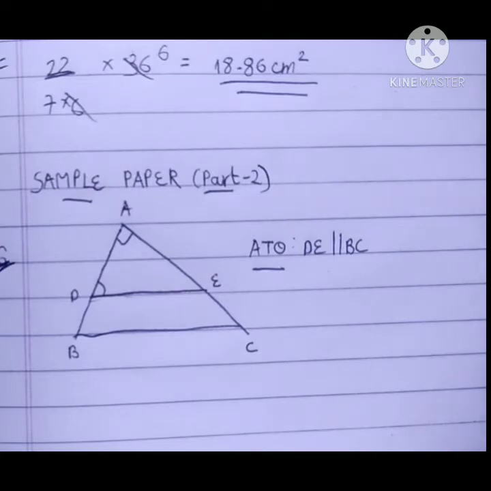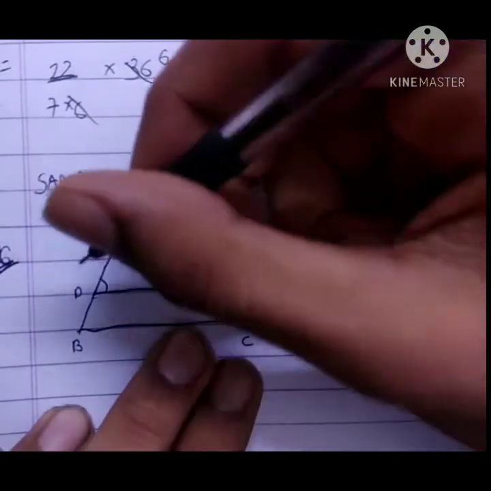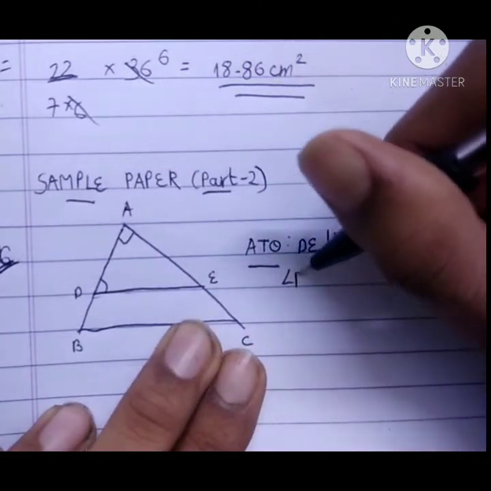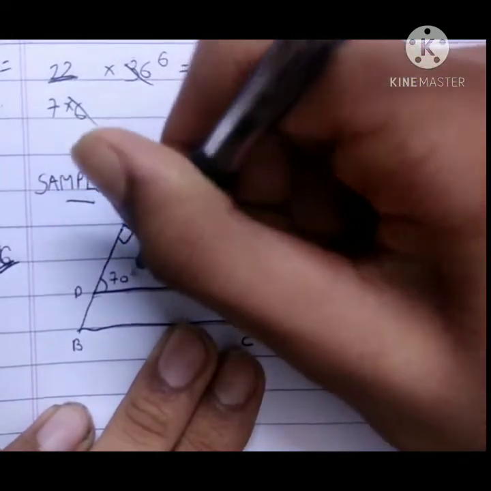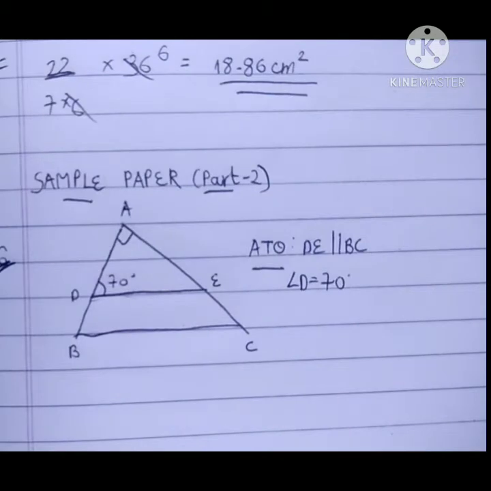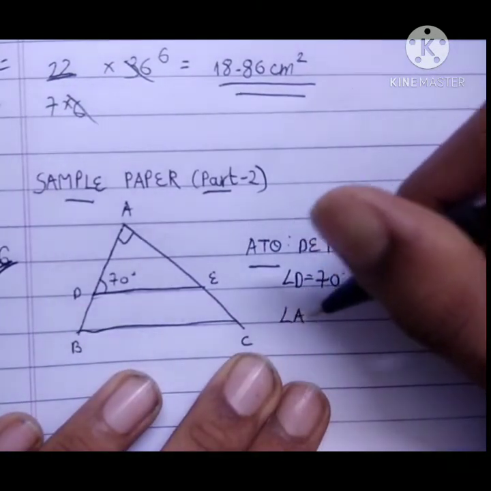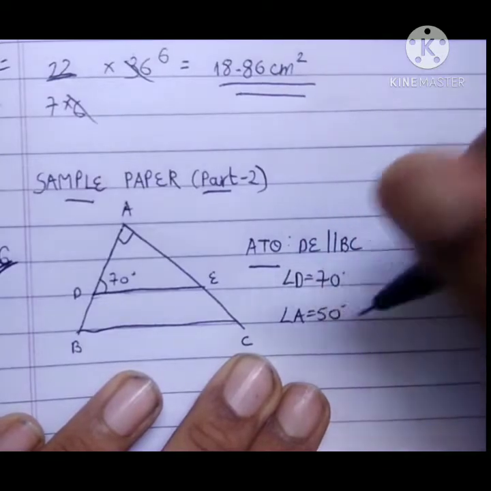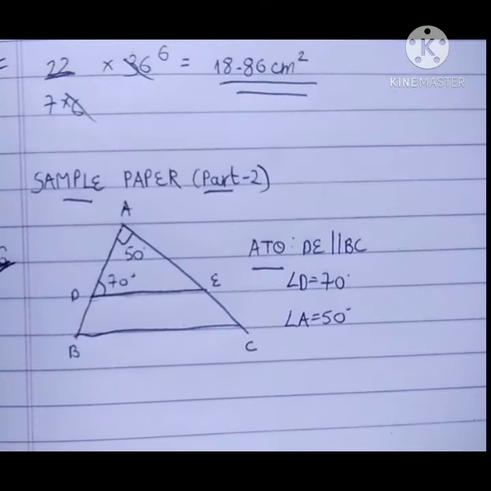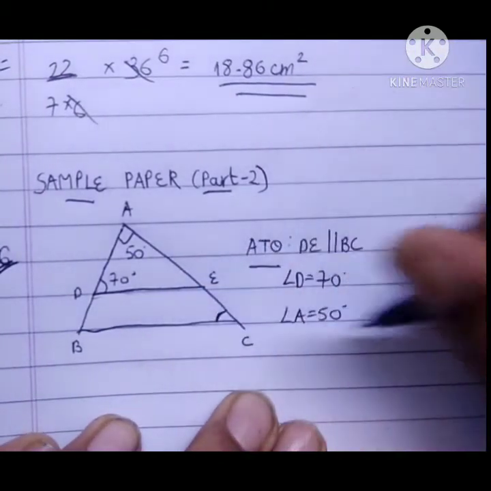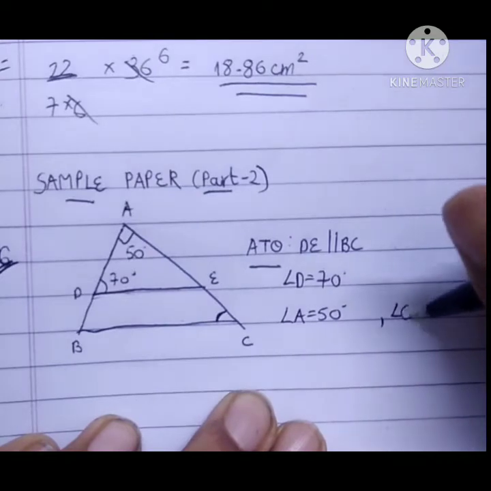Angle ADE means angle D is 70 degrees, so we can label it here for convenience. Angle BAC is 50 degrees, so angle A is 50 degrees. The question asks us, what is angle BCA, which means what is angle C equal to?